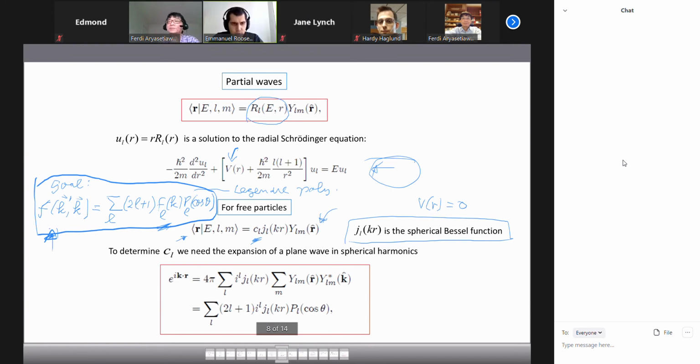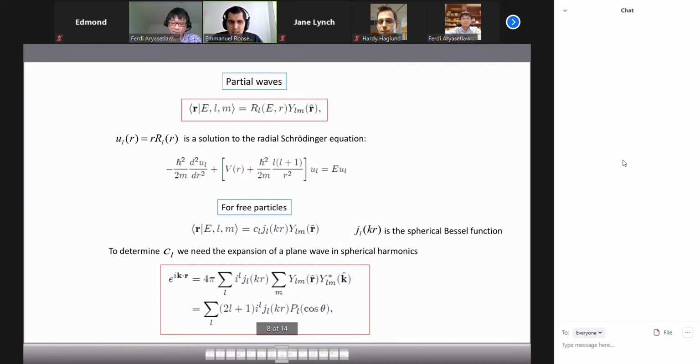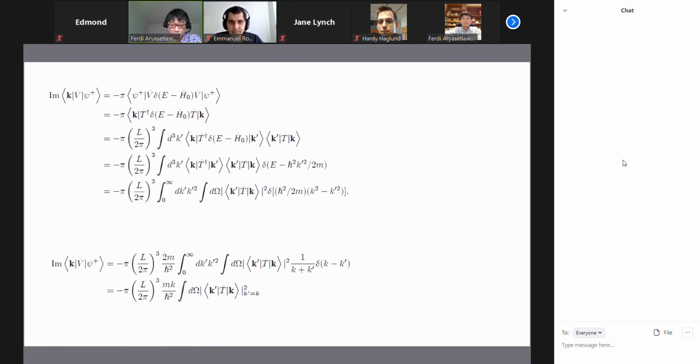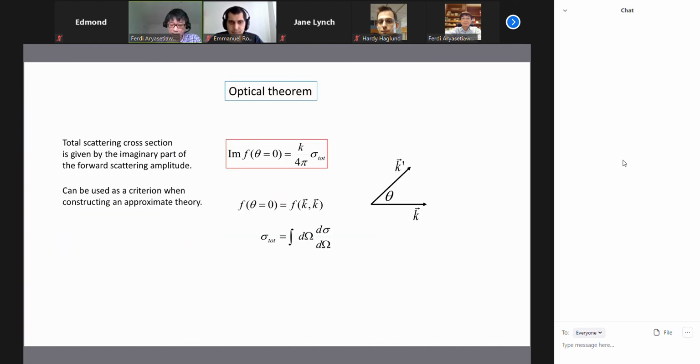I have one question. You said that you can use the optical theorem to compare your approximation. How does that work? Because it wasn't clear to me. Well, you have this formula, is it this one here? Okay, so the left-hand side and the right-hand side are kind of independent.